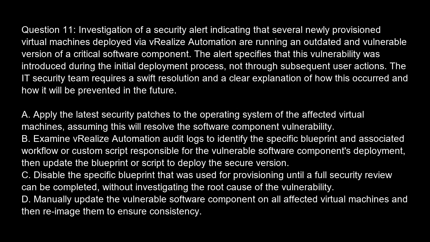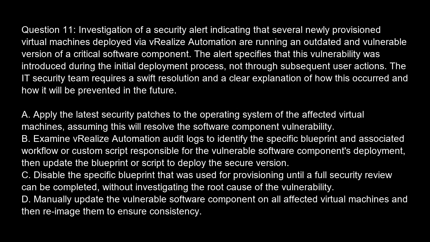Option A. Apply the latest security patches to the operating system of the affected virtual machines, assuming this will resolve the software component vulnerability. Option B. Examine vRealize Automation audit logs to identify the specific blueprint and associated workflow or custom script responsible for the vulnerable software component's deployment.